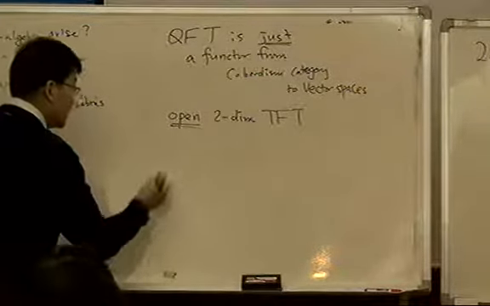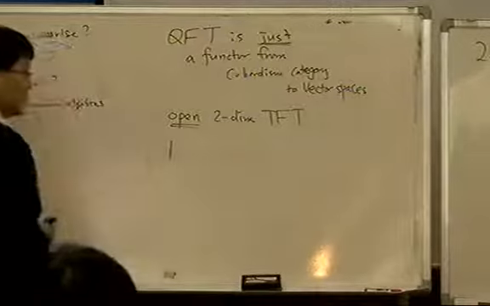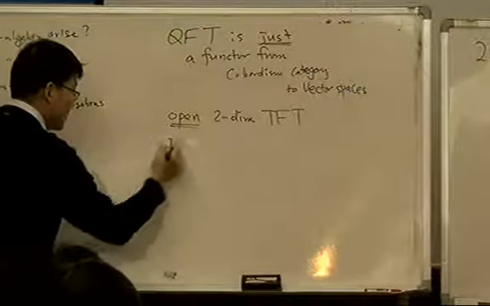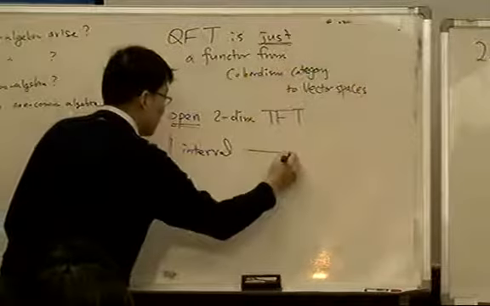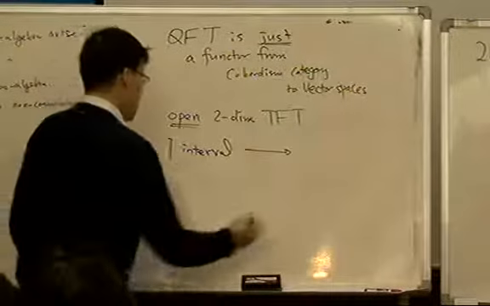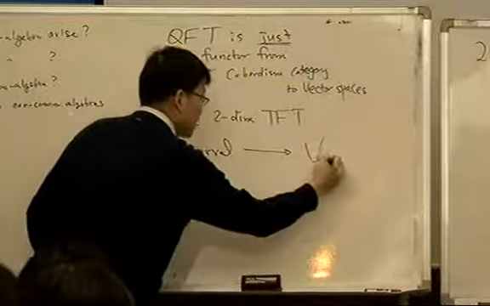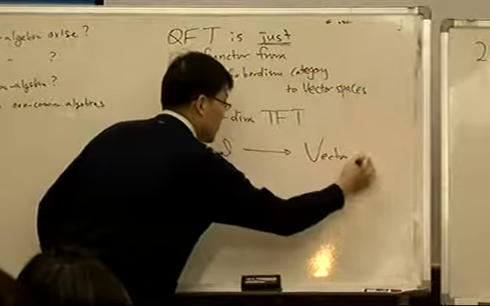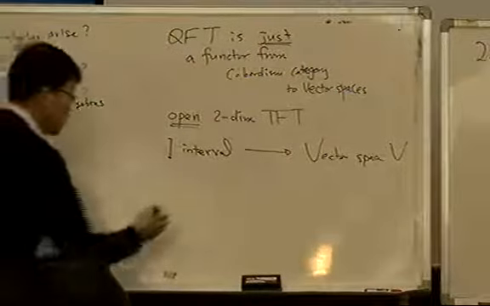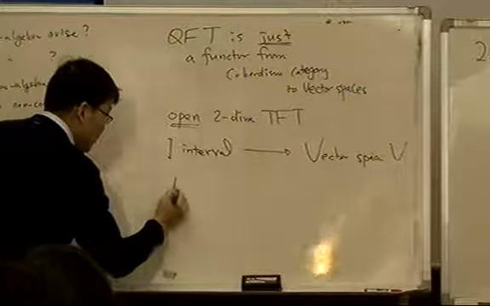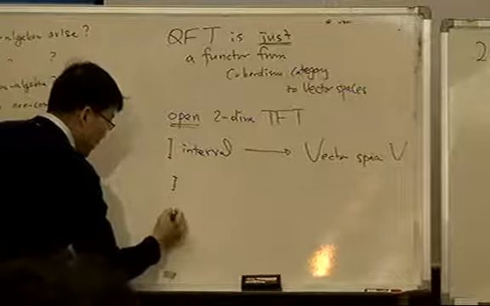So instead of circles, we'll have intervals. So an interval will go to a vector space V, and we'll have some surface with boundary.